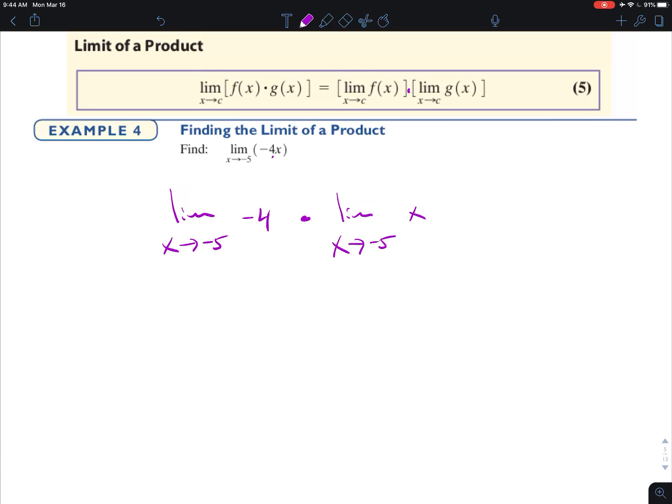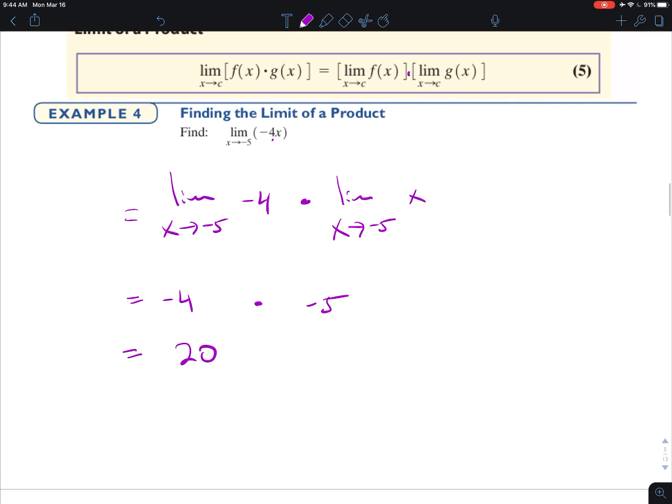Constant rule says that this is equal to negative 4, x is negative 5, and it's a product, so we get 20 as our answer for the limit as x approaches negative 5 of negative 4x.